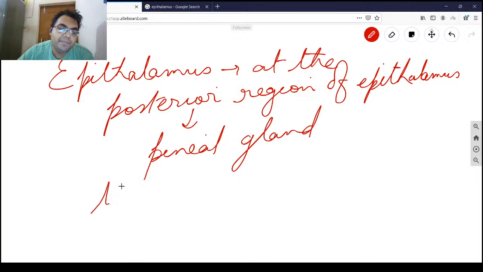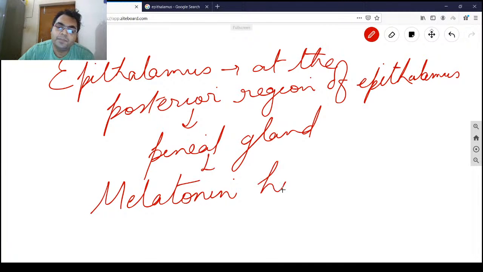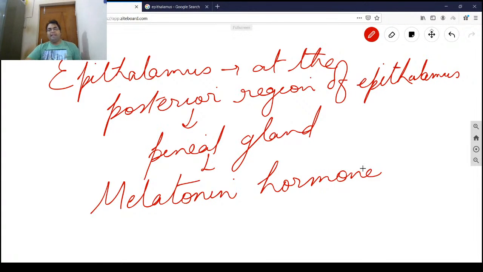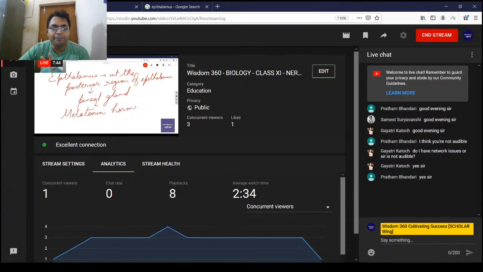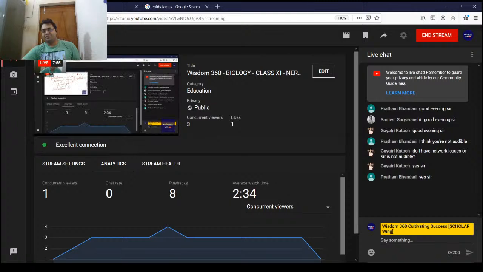Melatonin is not a very expressive hormone, in the sense that you may not have heard of it. Maybe you have, but melatonin is important. Do you know the reason why we possess melatonin? Anyone? Are you aware of this hormone?